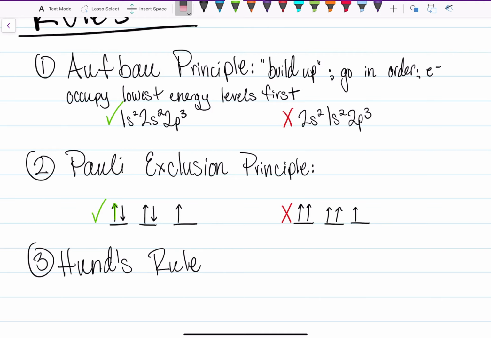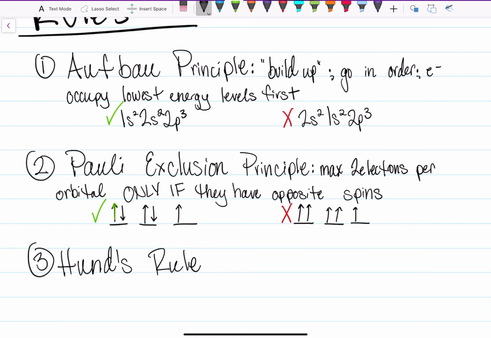Our electrons have to go in opposite directions. What that's representing is the spin of electrons. Electrons spin clockwise or counterclockwise, and we're representing that with arrows. So the Pauli exclusion principle says you can have a maximum of 2 electrons, 2 arrows, per orbital, per box, only if they have opposite spins. So that's the Pauli exclusion principle.